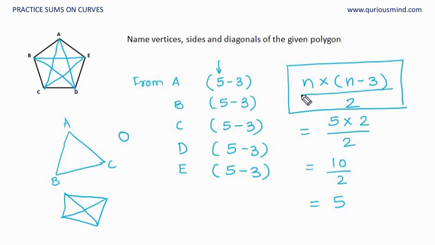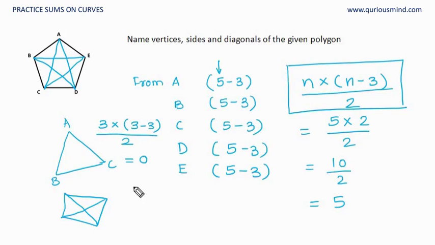So using the formula, for triangles, n is 3. The formula says 3 into, again n is 3, 3 minus 3 upon 2. Now 3 minus 3 is 0. So 0 multiplied by any number is 0, and 0 divided by any number is 0. So that is going to be 0. And yes, by using the formula, we get the correct number of diagonals.